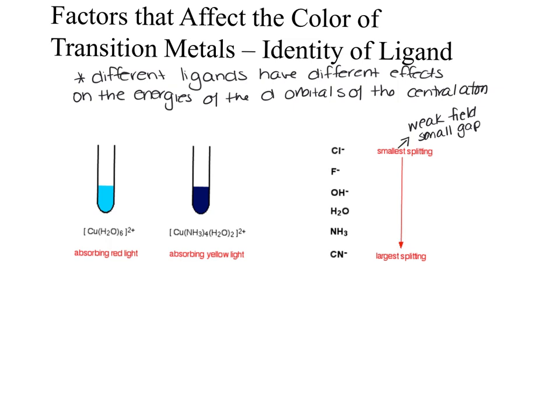The ones at the bottom have the largest splitting, and they are a lot of times referred to as a strong field, with a large gap. Basically, the ones that are farther down need more energy to promote the electron because that gap is big.